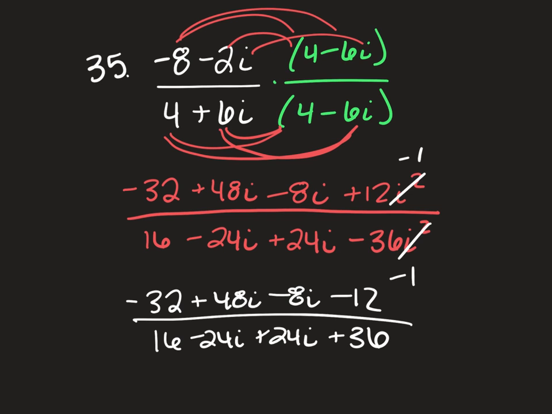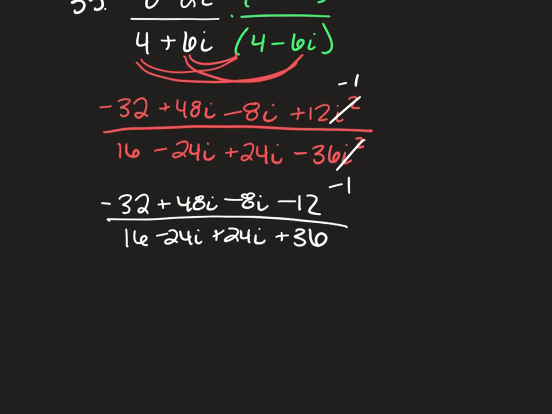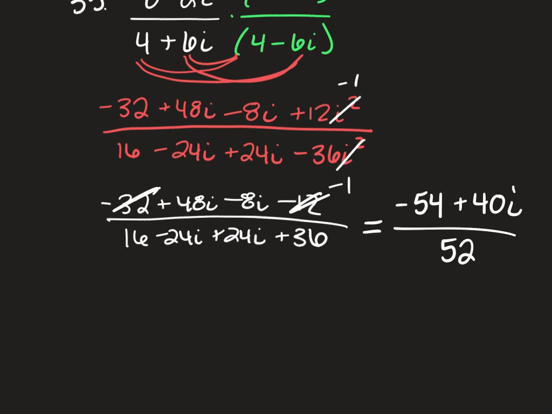Okay, so then negative 32 minus 12 is negative 54. So that gets rid of that part on the top. And then 48 minus 8 is 40i. All right, and then on the bottom, we have 16 plus 36 is 52.